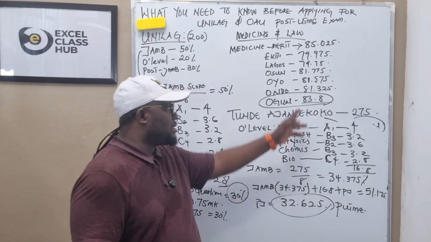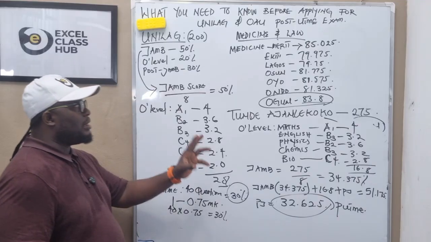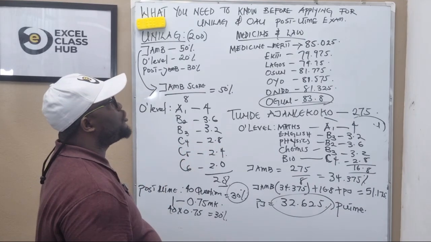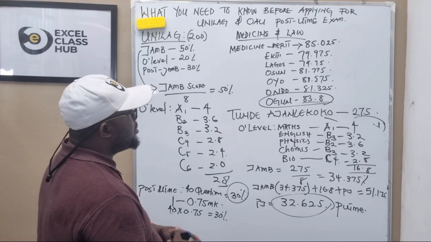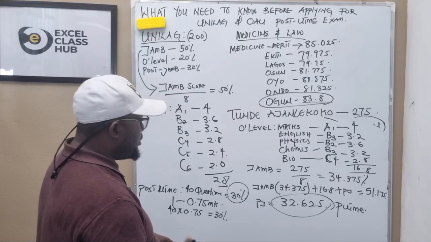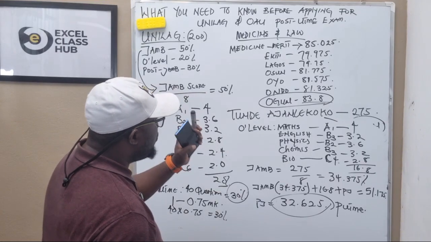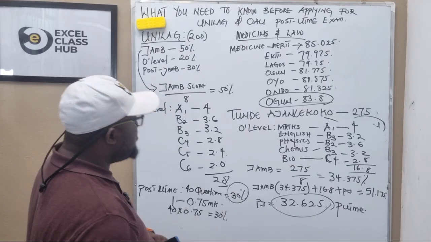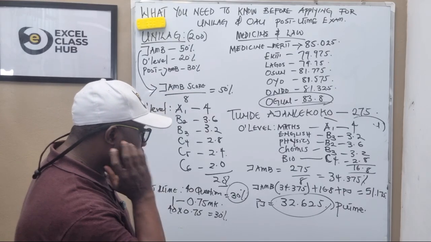We will now use that aim to go purchase his change of institution form and choose the course that will meet the aggregate. That is for Mr. Ajanle Koko for medicine.